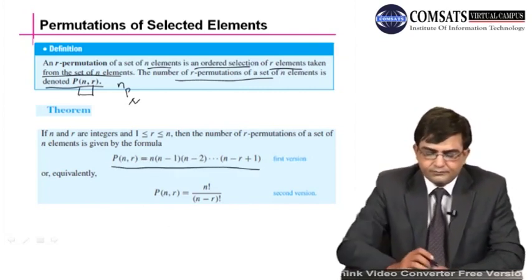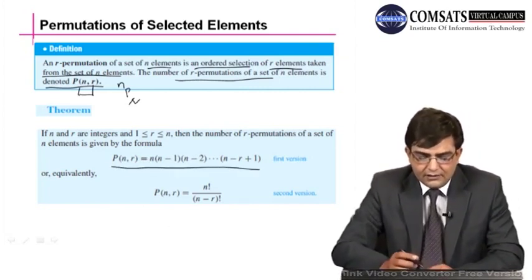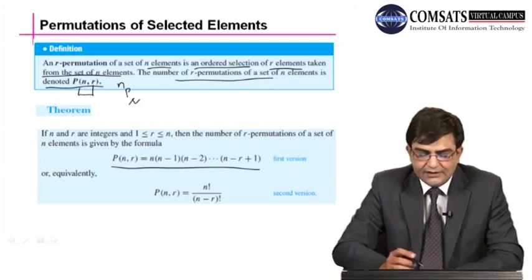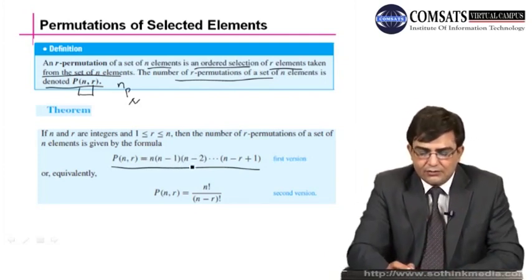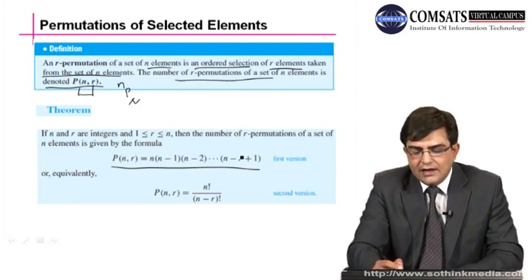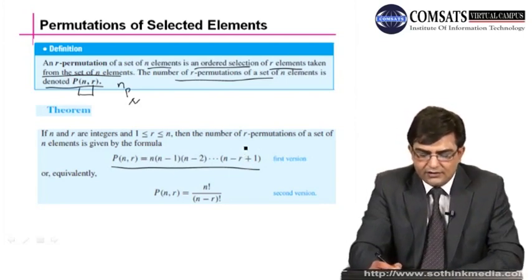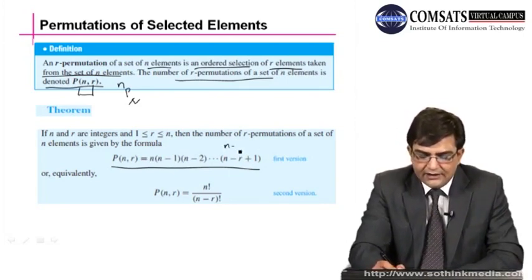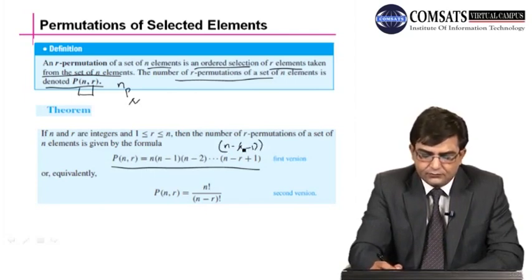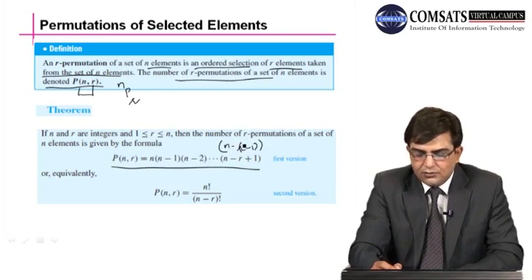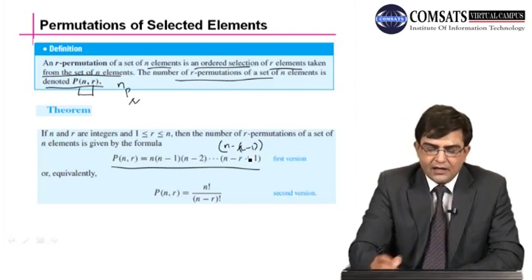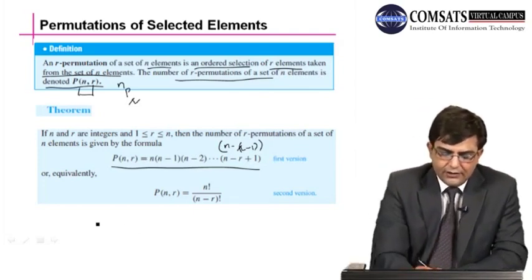This is the formula, first version: P(n, r) is basically n into n minus 1 into n minus 2 and so on, up to n minus r plus 1. This we can write as this, or if we don't write brackets here, due to this minus we'll have plus.